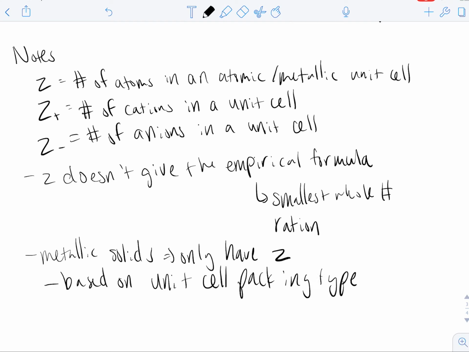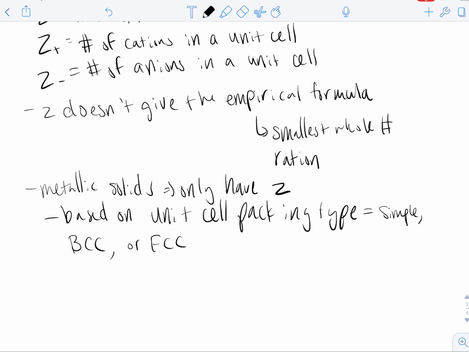Our unit cell packing types for metallic are primitive or simple, body-centered cubic, or face-centered cubic, also known as cubic closest packed.